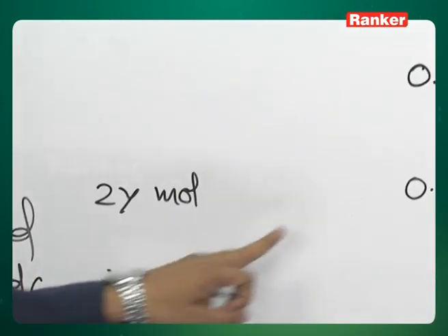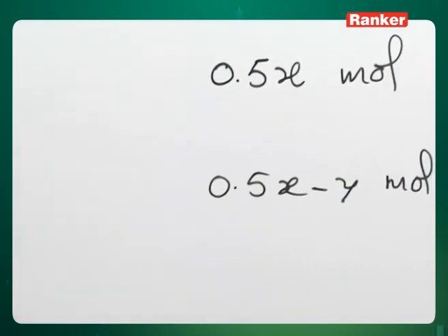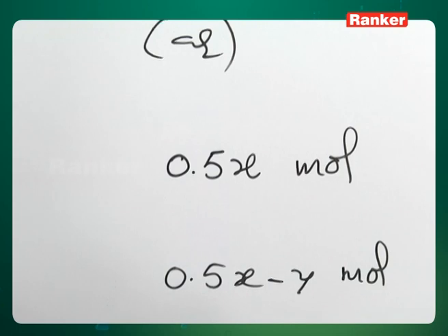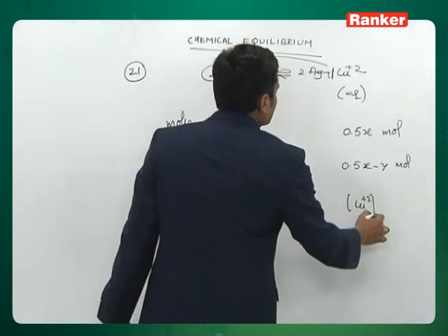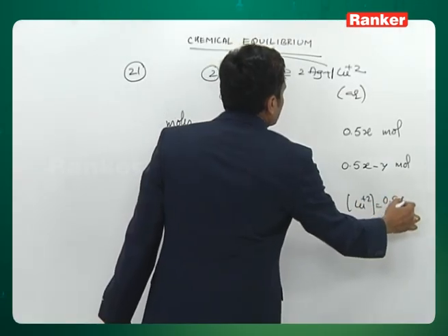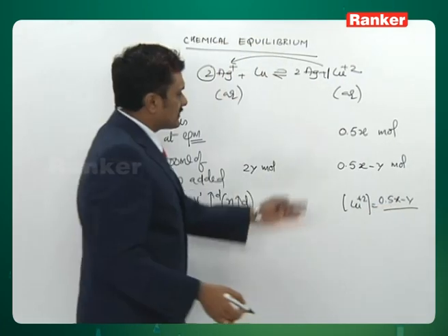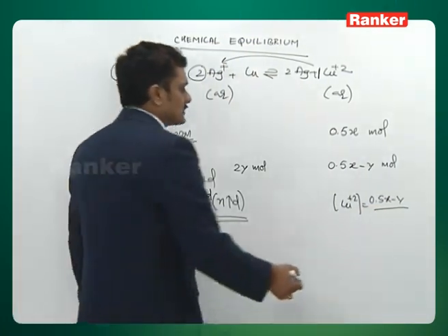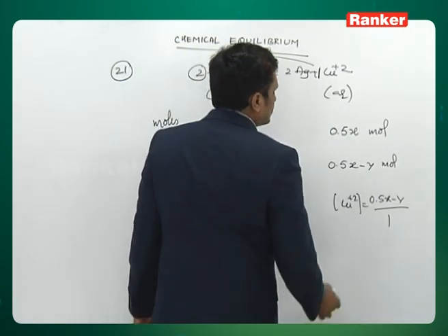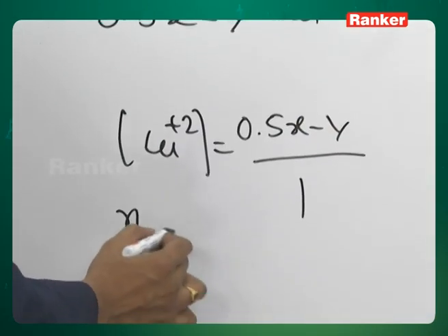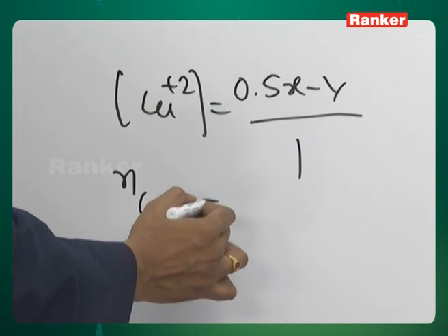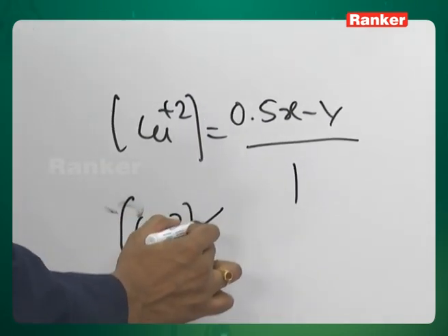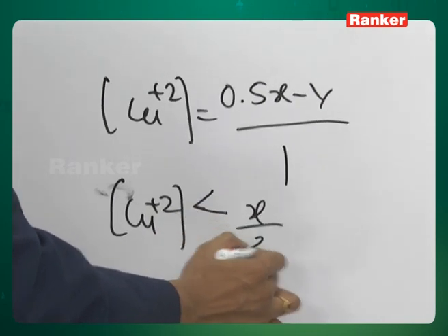Now, these are the final equilibrium moles of Cu+2 and Ag+, and the concentration of Cu+2 will become number of moles upon volume in liters. Previously, it was 500 ml, you have added 500 more ml of water, so therefore 1 liter. So the concentration of Cu+2 final would definitely be less than x by 2.